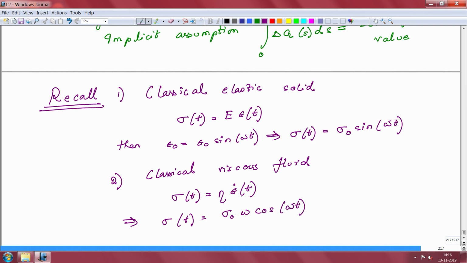We take the derivative of epsilon(t) and get a cosine, which is the same as writing some constant omega times sine of omega t plus pi by 2.